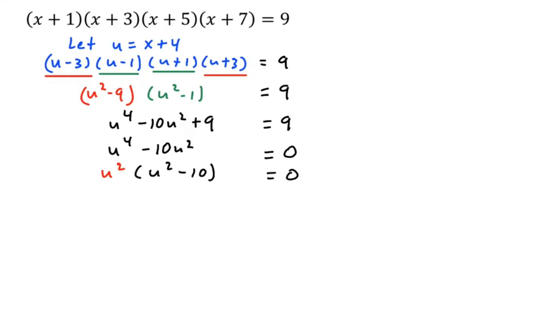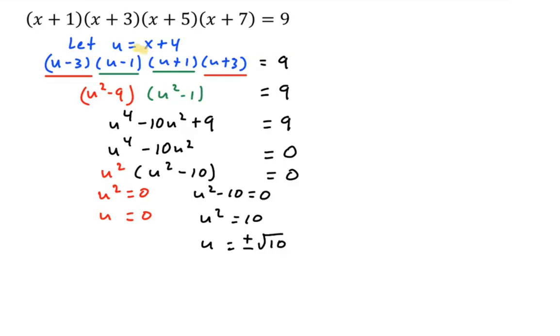Now we have the product of two terms equal to 0. So we get u^2 = 0 by the zero product property, and u^2 - 10 = 0. Solving u^2 = 0, we get u = 0. Solving u^2 - 10 = 0, we get u^2 = 10, or u = plus or minus the square root of 10.